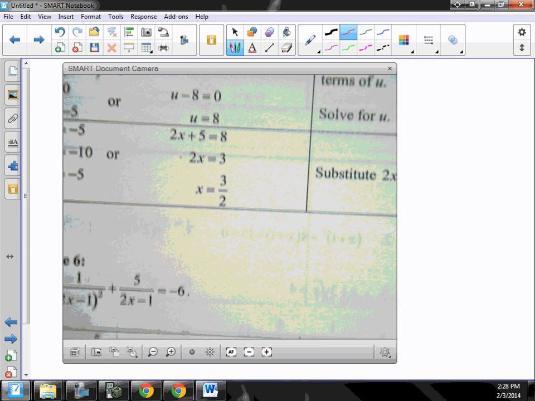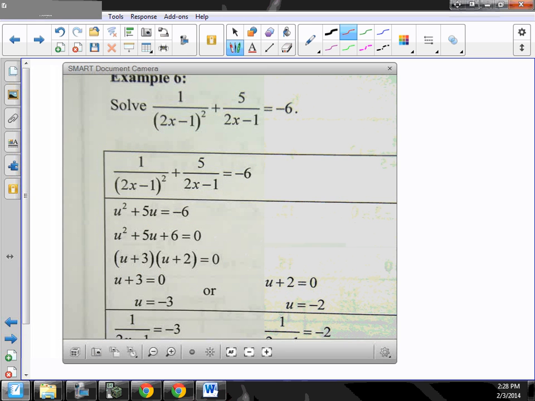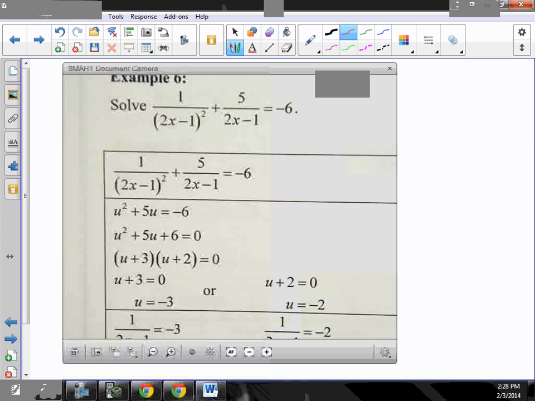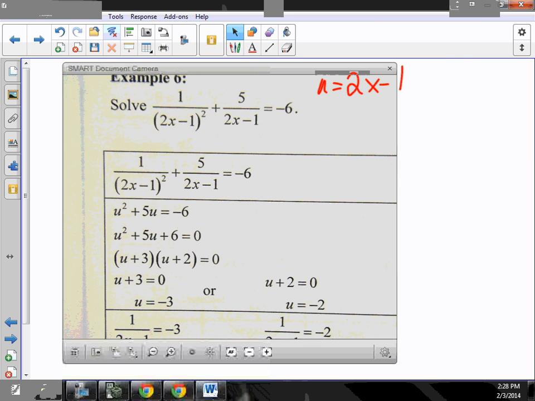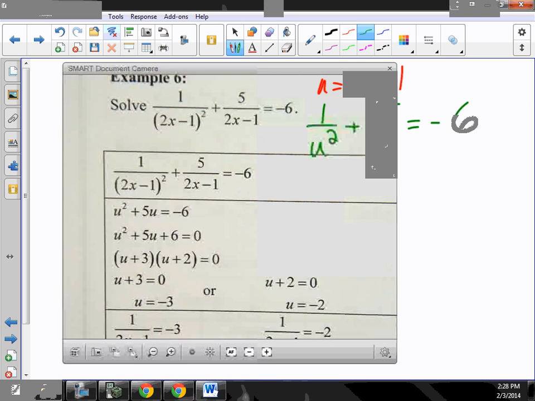So look at example 6. What should I choose for U? So U equals 2x minus 1. So my equation becomes 1 over U squared plus 5 over U equals negative 6. What should I do?